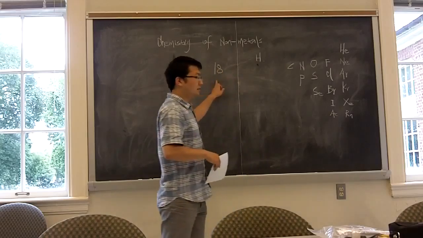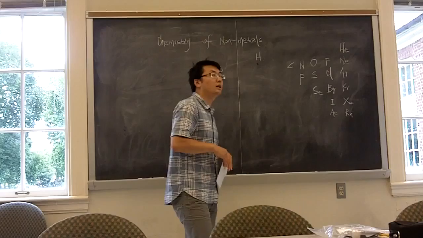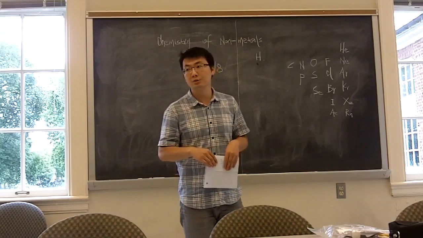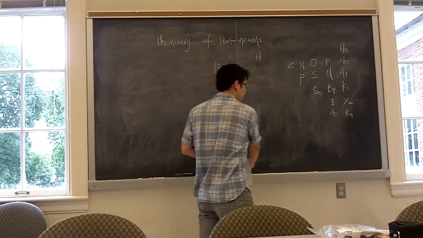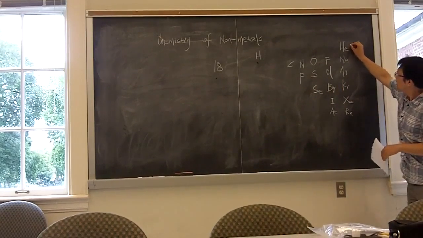There are 18 kinds of non-metal elements. Actually, these different non-metal elements can be divided into 6 groups. Here is the last group.